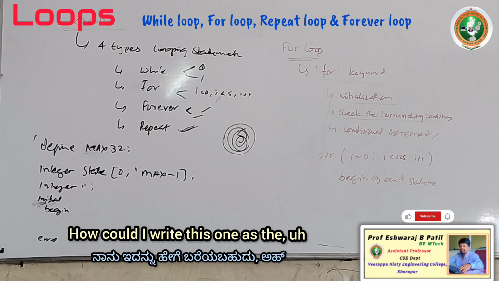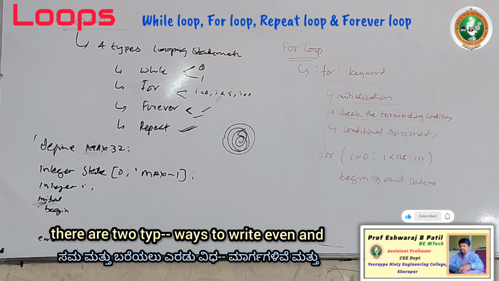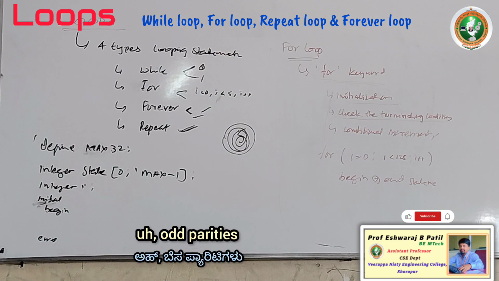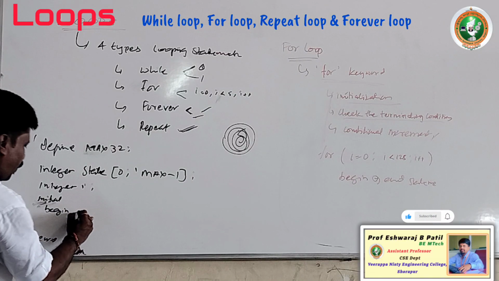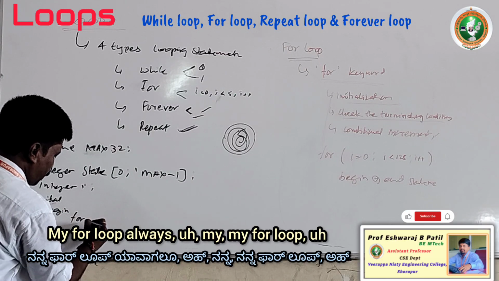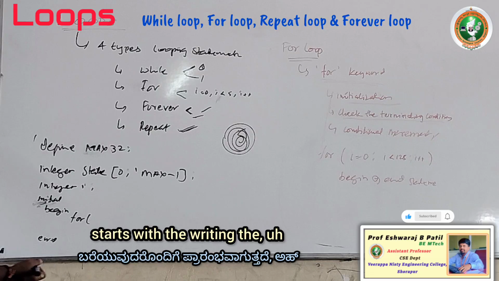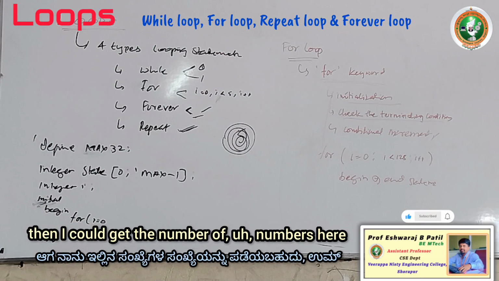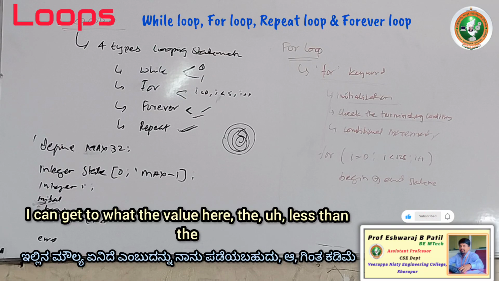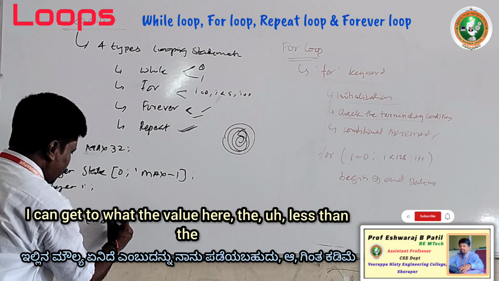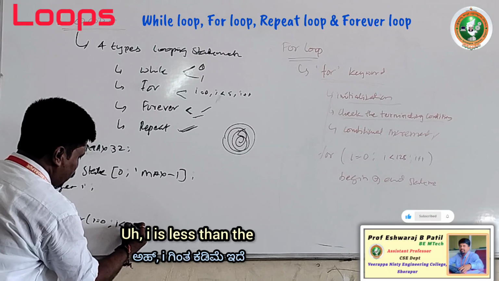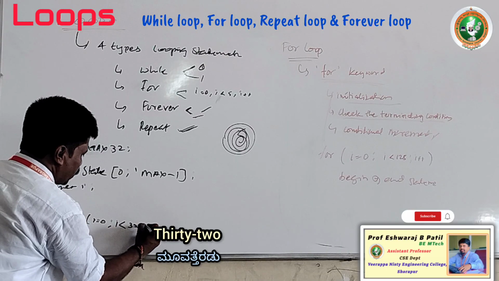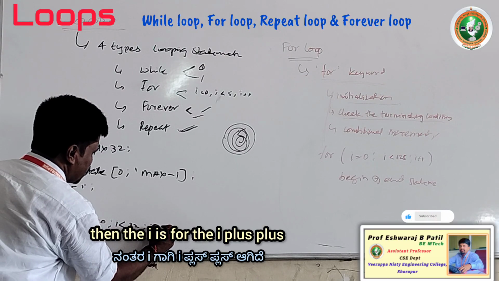How could I write this? There are two ways to write even and odd parities. My for loop starts with I equals 0, then I get the numbers up to 32, where I is less than 32, then I plus plus.